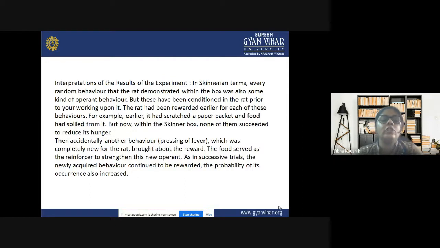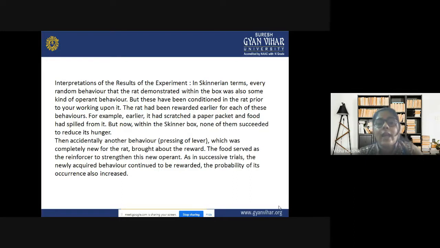Now, interpretation of the results of the experiment. In Skinner's terms, as defined by Skinner, every random behavior that the rat demonstrated, such as walking, jumping, trying each and everything to come out of the cage and have the food, was also some kind of operant behavior.